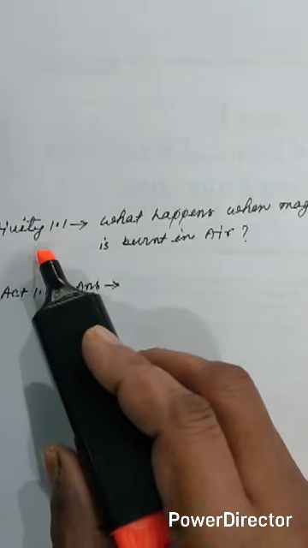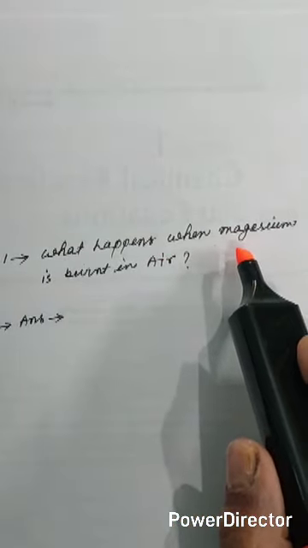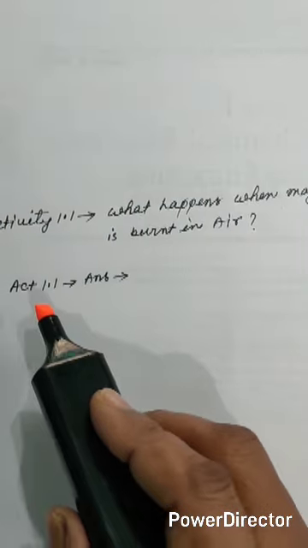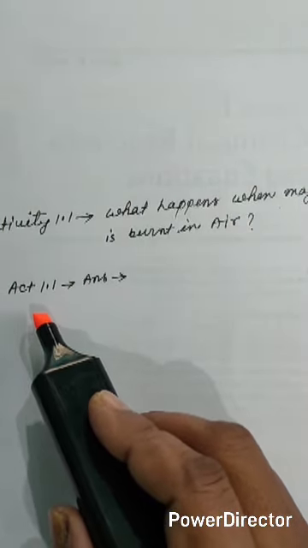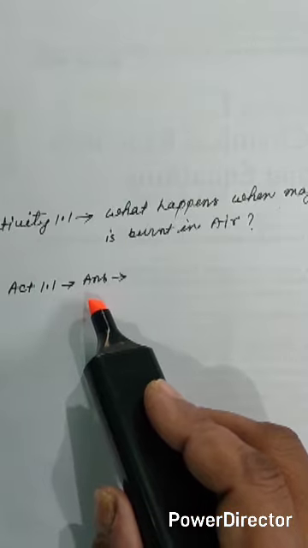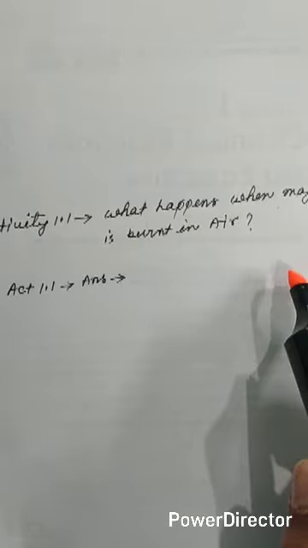You see activity 1.1, what happens when magnesium is burned in air. So your answer you have to write this way. Act 1.1 answer, simply you put. Okay.